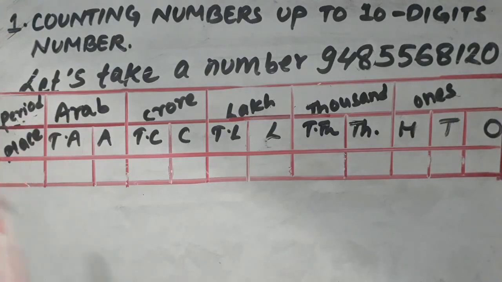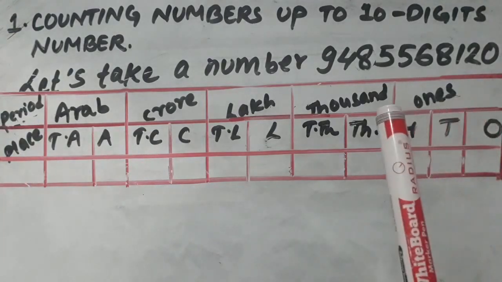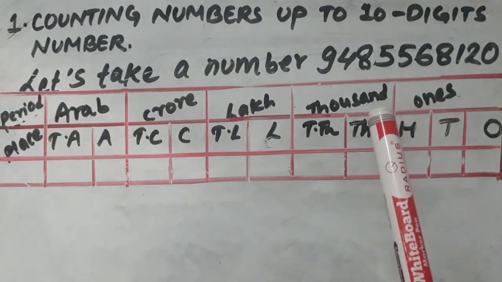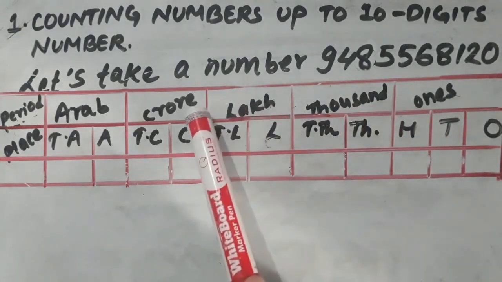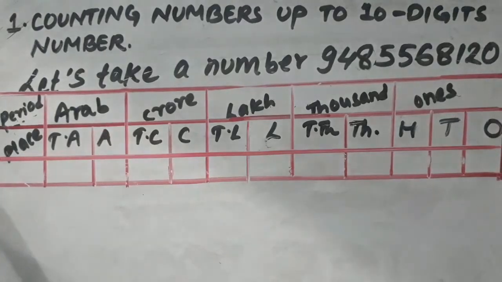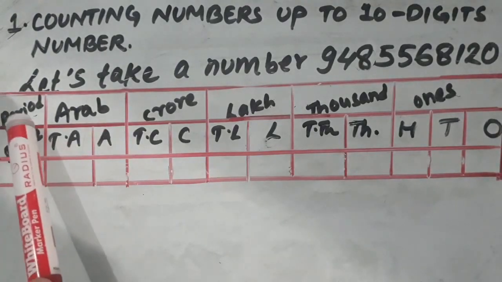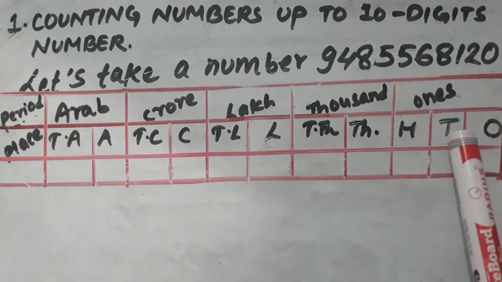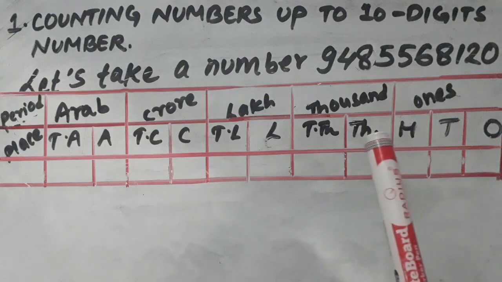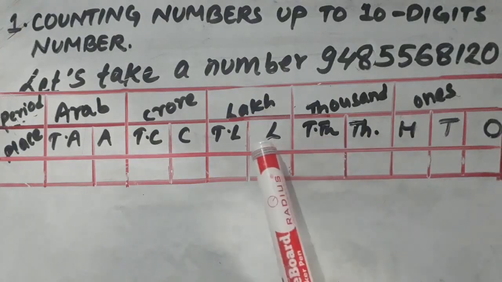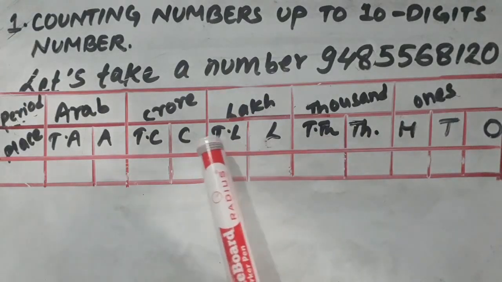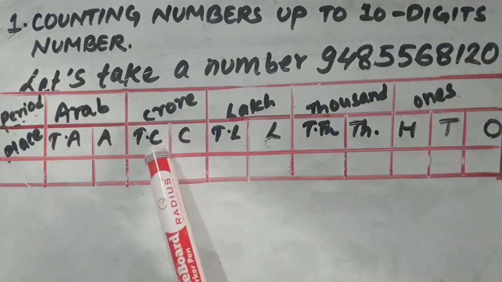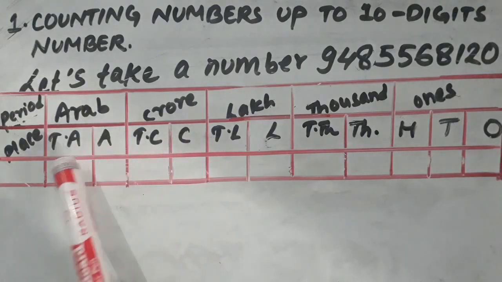So period consists of ones, thousands, lakh, crore, arab, and place consists of ones, tens, hundred, thousand, 10,000, lakh, 10 lakh, crore, 10 crore, arab, 10 arab.